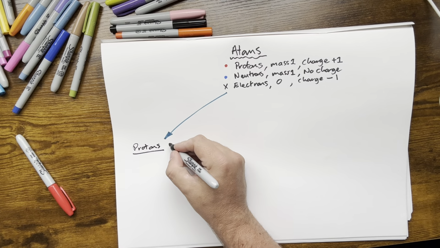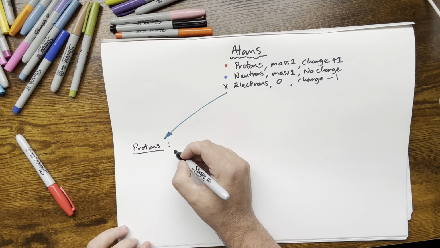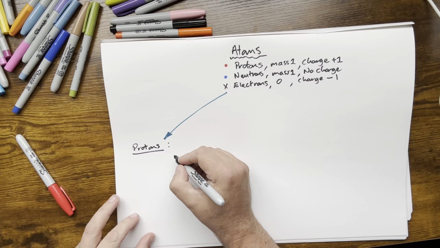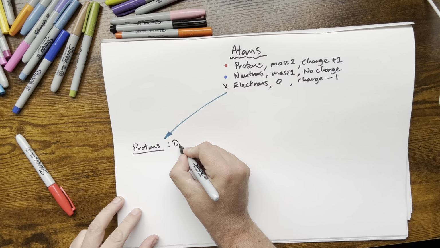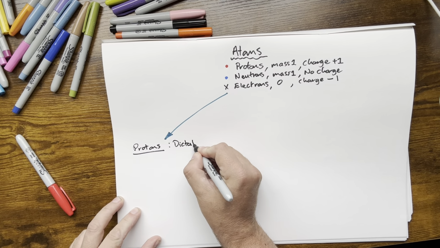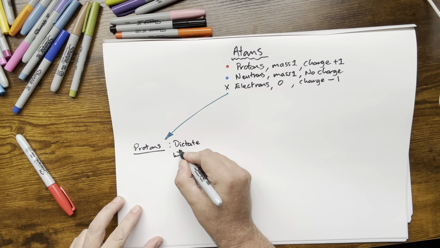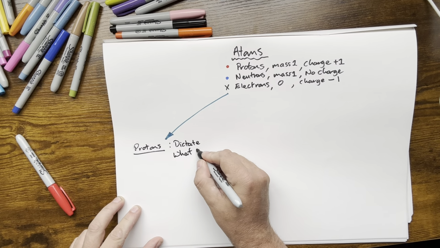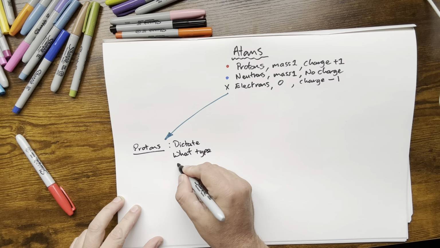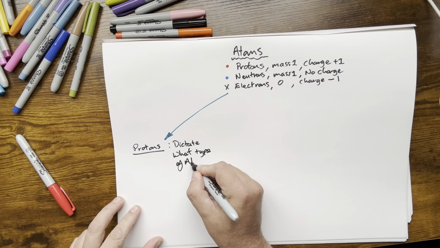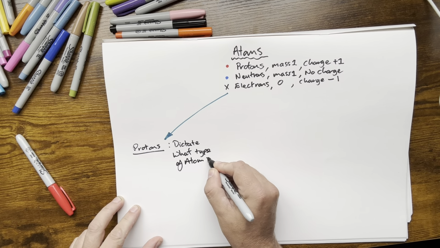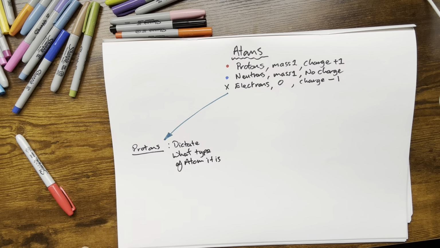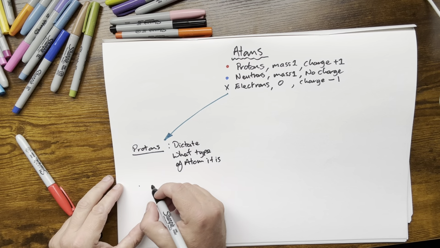With protons, these are why an element is the element it is. So the protons dictate what type of atom it is. Right? If you change the numbers of protons, you change what that element is.